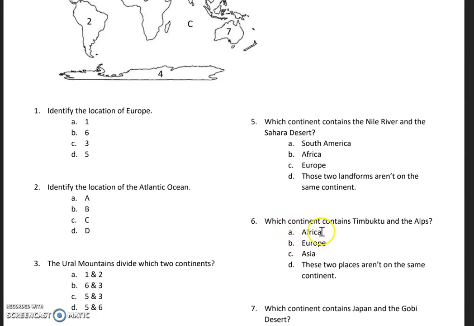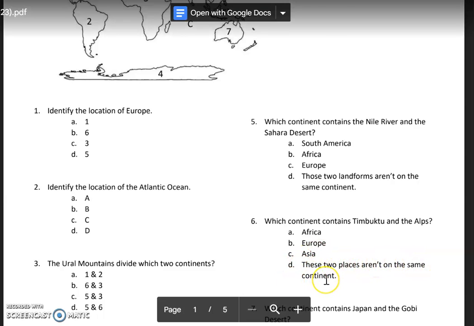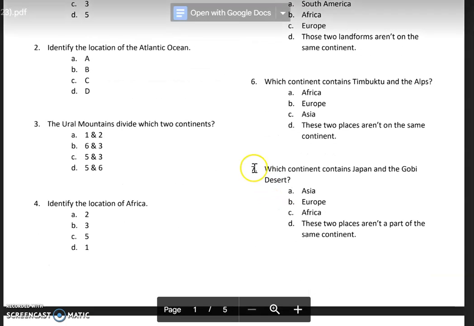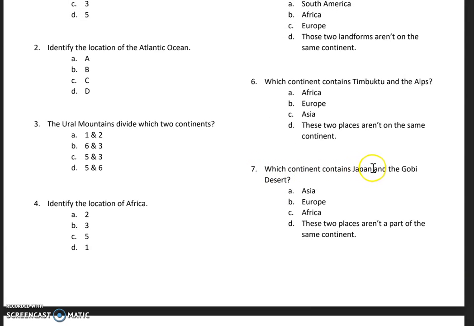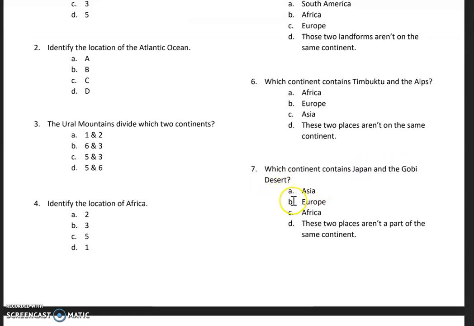A, Africa, B, Europe, C, Asia, D, these two places aren't on the same continent. Number 7, which continent contains Japan and the Gobi Desert? A, Asia, B, Europe, C, Africa, D, these two places aren't a part of the same continent.